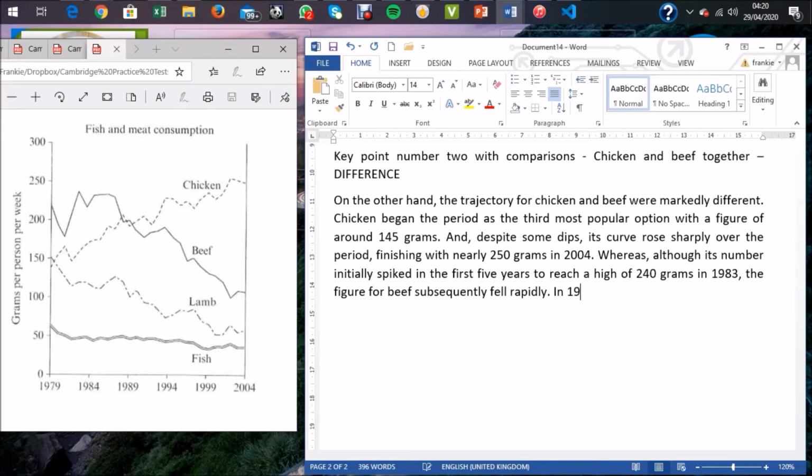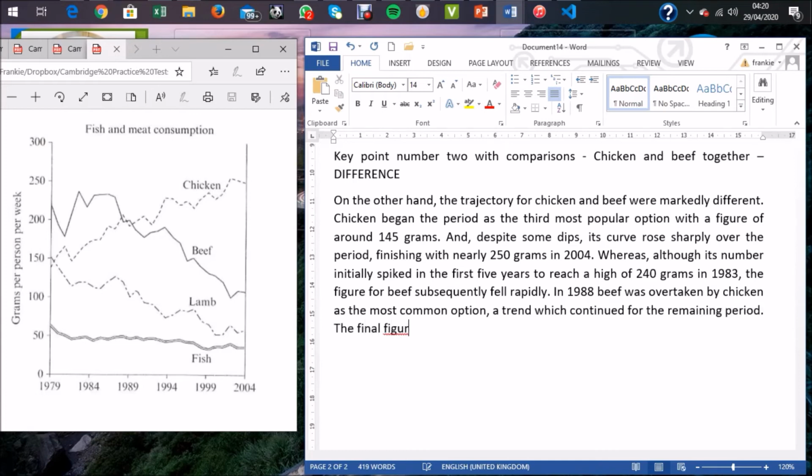In 1988, beef was overtaken by chicken as the most common option, a trend which continued for the remaining period. The final figure for beef was around 100 grams in 2004, 150 grams fewer than the average number for chicken.